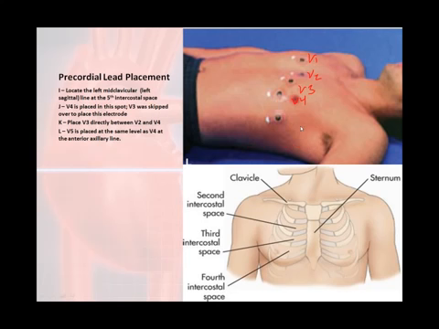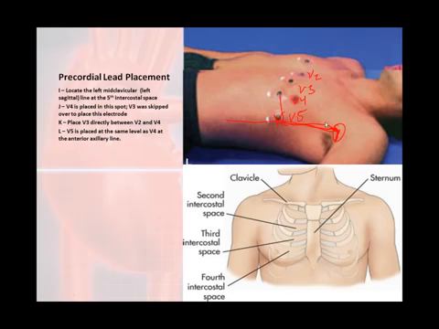V5 is placed at the same level as V4, but where we're placing it is what's called the anterior axillary line. So basically it's the front part of the armpit here. You find the crease right here on the anterior axillary, and you place V5, same level as V4, at the level of the axillary line. That is where V5 would be placed.